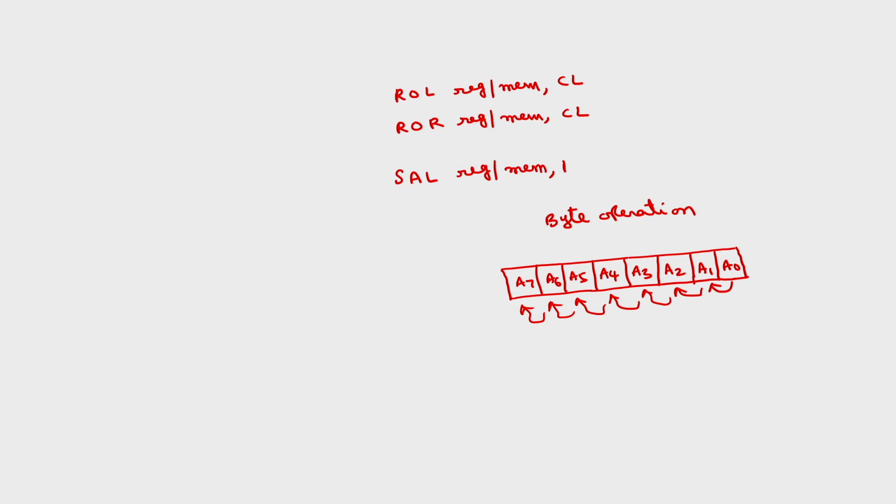Here also the same operation, but the only difference is that in case of shift operation, the contents of A7 will move to the carry flag. Whereas in case of rotate instruction, in one case A7 will go to A0, in the other case the carry flag contents will go to A0. Whereas the shift operation is an open loop configuration. In case of rotate we have a closed loop, whereas here we have an open loop. Here zeros will be fed into A0.